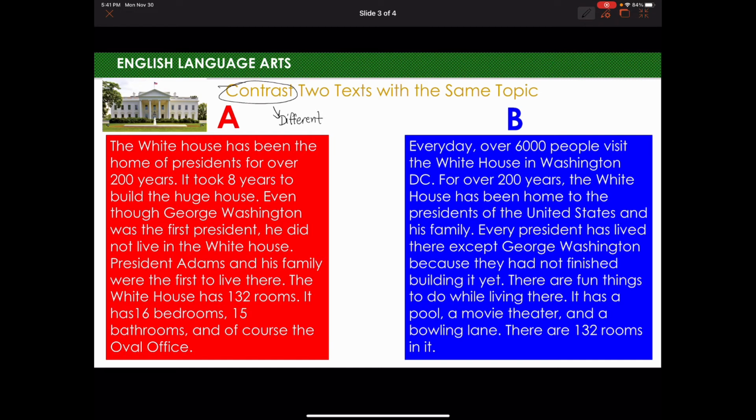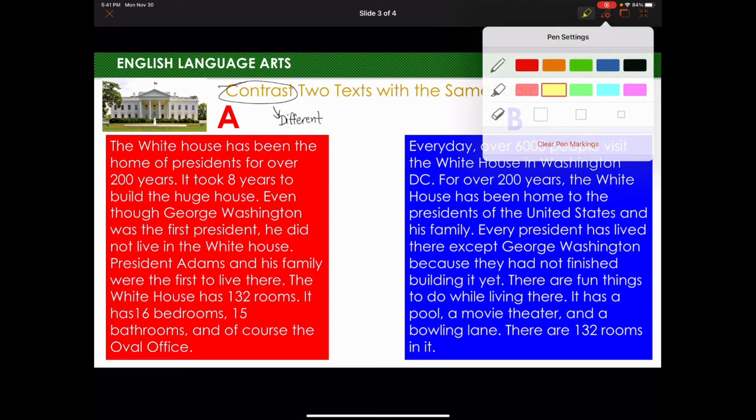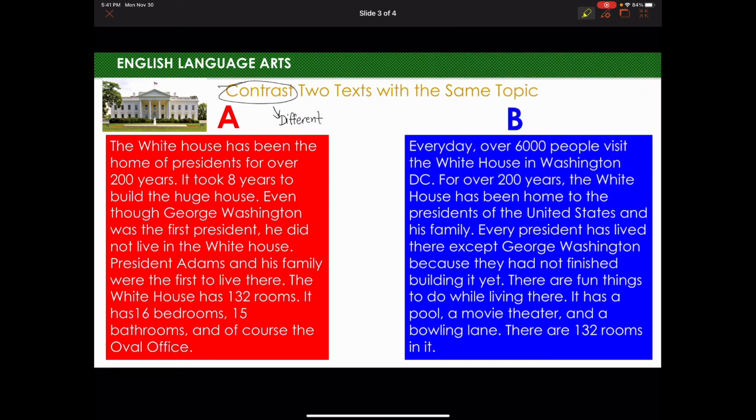Wow. All right, so I saw several things that were the same, but I also saw some things that were different. Here's what we're going to do to contrast these two texts. We're going to highlight the parts that were the same, and then anything left over we'll know was different, okay? So let's see. They talked about the White House was home to the president.